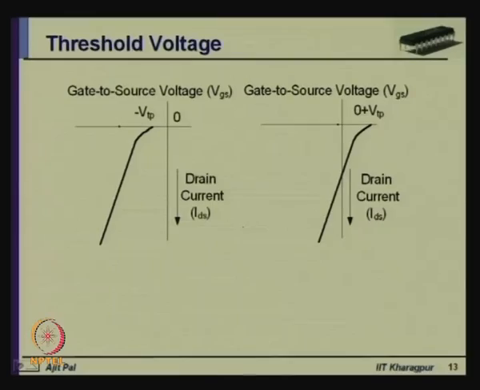As you know, in bipolar junction transistors, the flow of current requires a cut-in voltage. For example, for silicon, the base voltage should be more than 0.6 or 0.7 volt, which is known as the cut-in voltage. Here also it is somewhat similar, but we call it the threshold voltage, not the cut-in voltage.